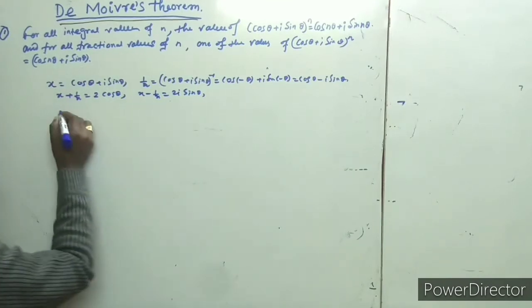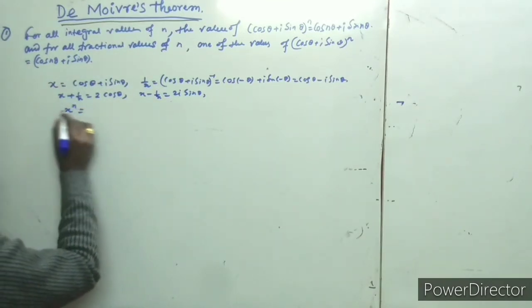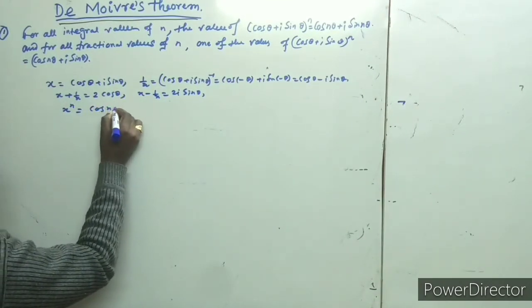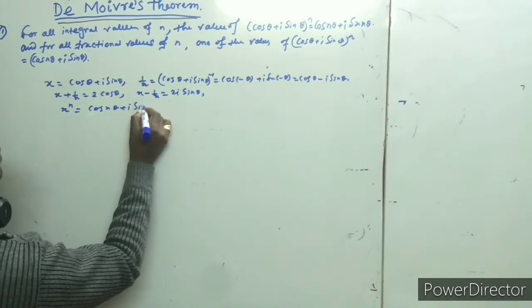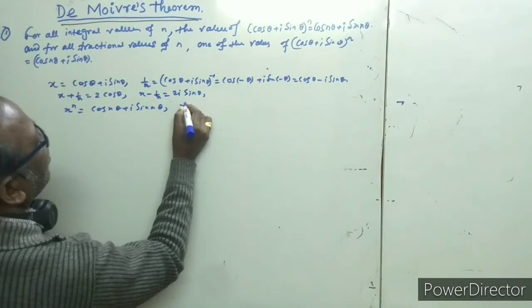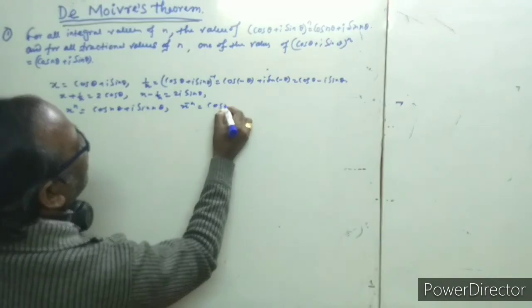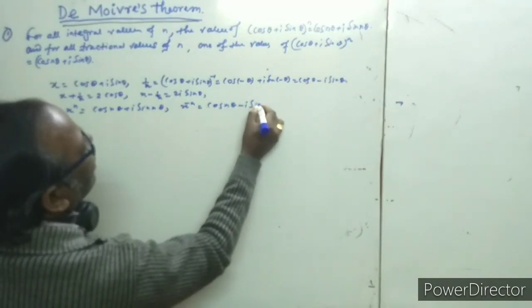Again see, x to the power n will be cos n theta plus i into sin n theta, and also x to the power minus n is cos n theta minus i into sin n theta.